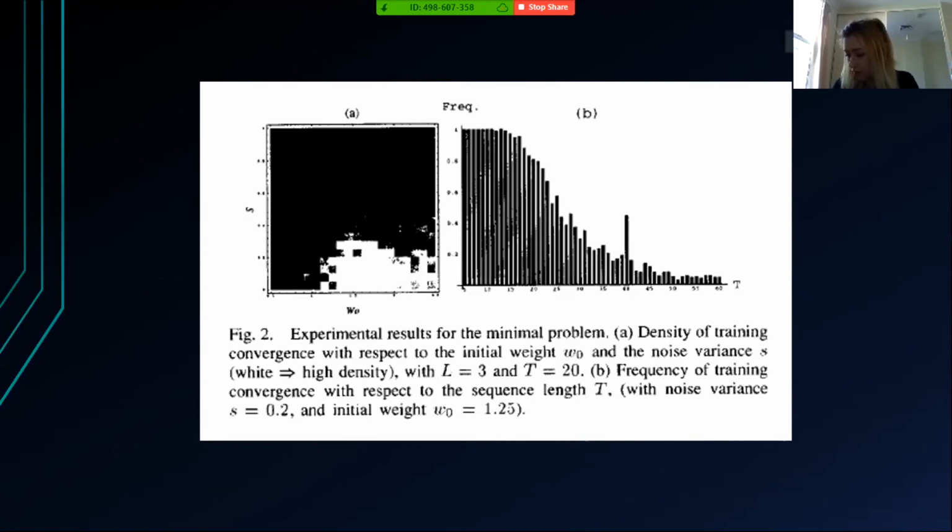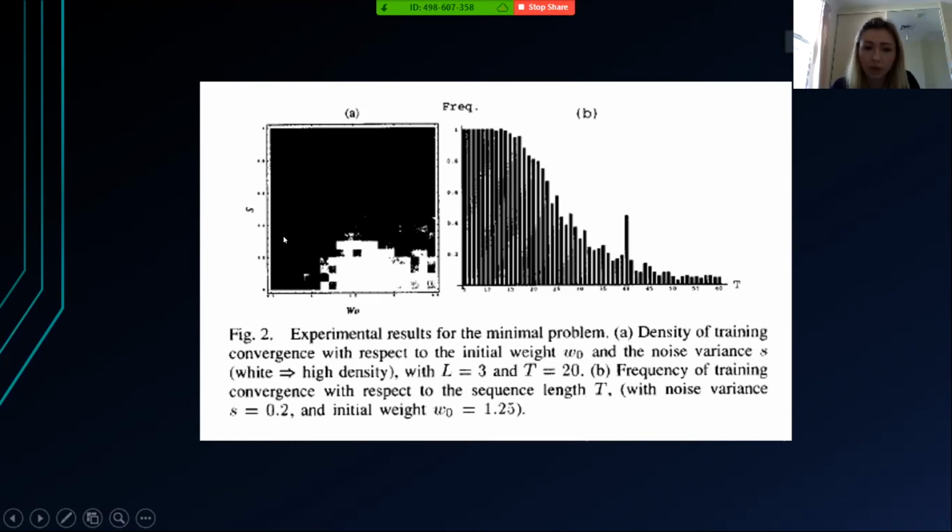There are some other questions. Go ahead. What does training convergence density mean? I am not entirely sure, but I would say that they tried a few different initial values and checked which of them would lead to convergence.